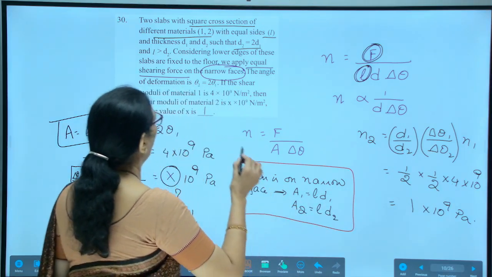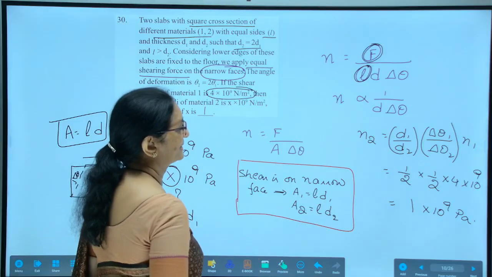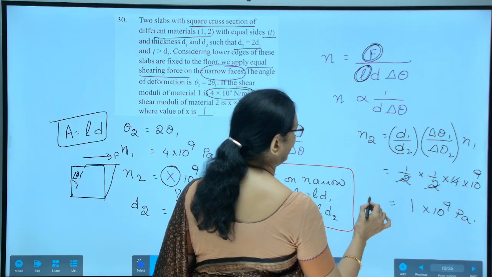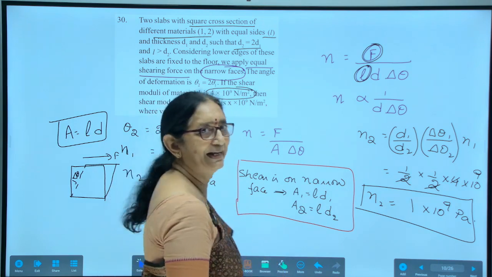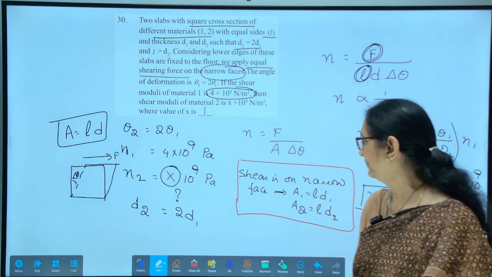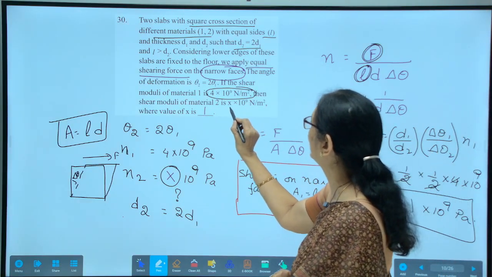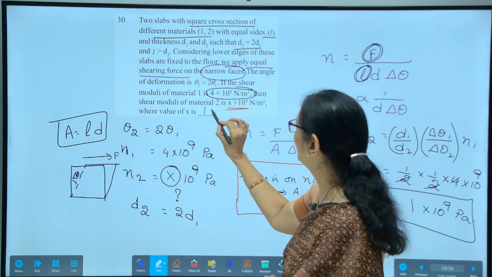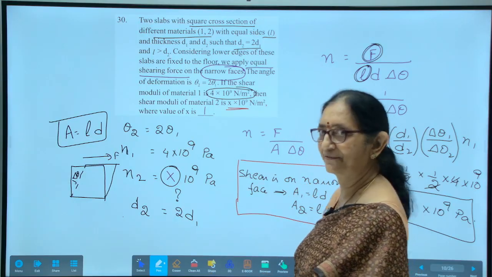N1 is given as 4 into 10 to the power of 9. So it is 1 into 10 to the power of 9, as 2 twos are 4 and get cancelled. So the rigidity modulus of the second block is 1 into 10 to the power of 9. But it is given as x into 10 to the power of 9, so in place of x, we got 1. So that is the correct choice for the problem.